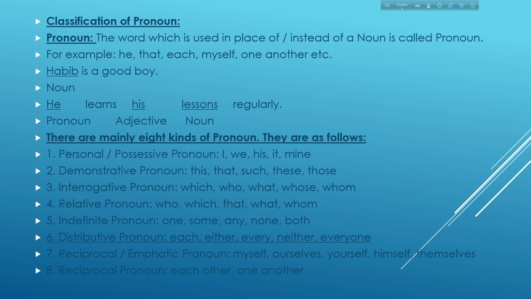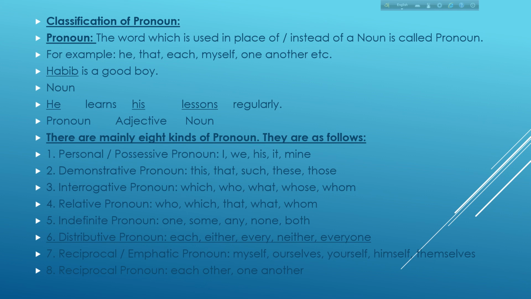Here Habib is a noun, but instead of Habib, if we say he learns his lessons regularly, he here is a pronoun. It is used instead of the noun Habib. His here, generally it is a pronoun, but here after his there is a noun, lessons, so his will be an adjective.